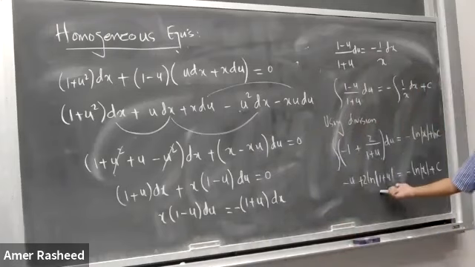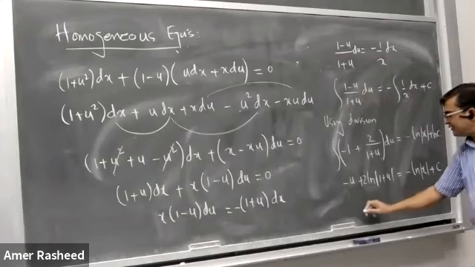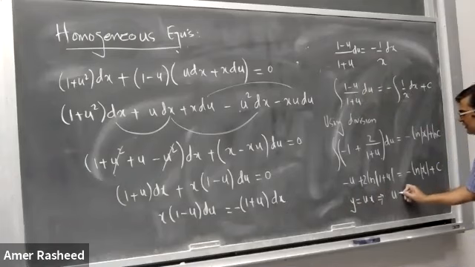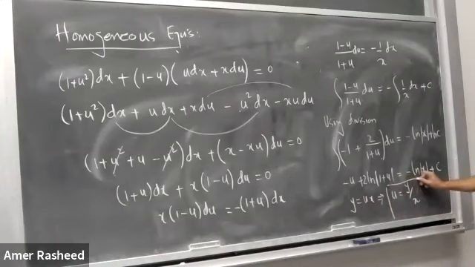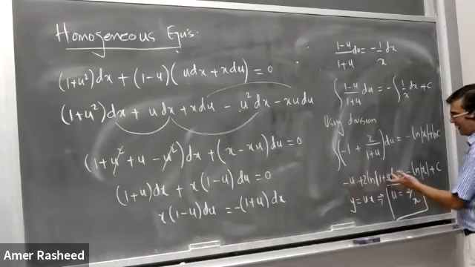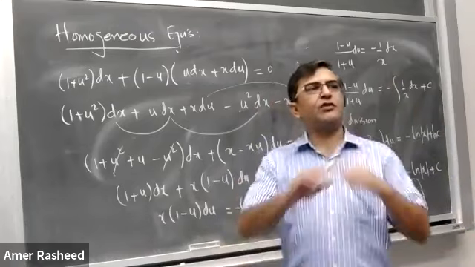Either you find u from here in terms of x and then put the value of u in y is equal to u times x, or there's another method: y is equal to ux implies u is equal to y by x. If you cannot separate u from here, you just put u is equal to y by x in this solution. So you get the solution in terms of x and y, which is the solution of the original differential equation.